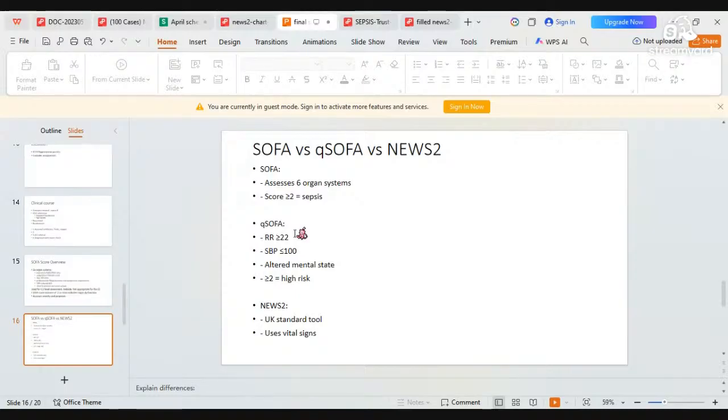So basically, it considers the respiratory rate, if it is higher than or equal to 22, blood pressure that is less than or equal to 100, and altered mental state. Once you have 2 or more of these 3 parameters deranged with the qSOFA score, then it becomes significant.